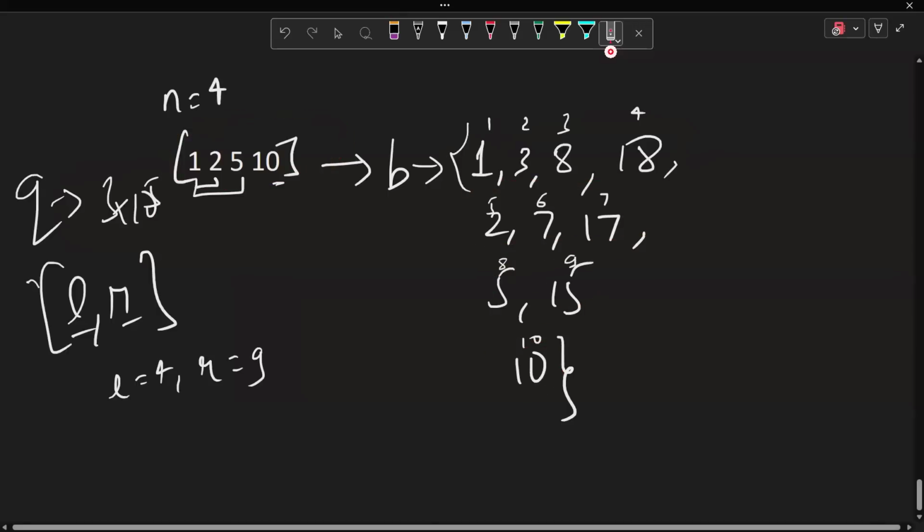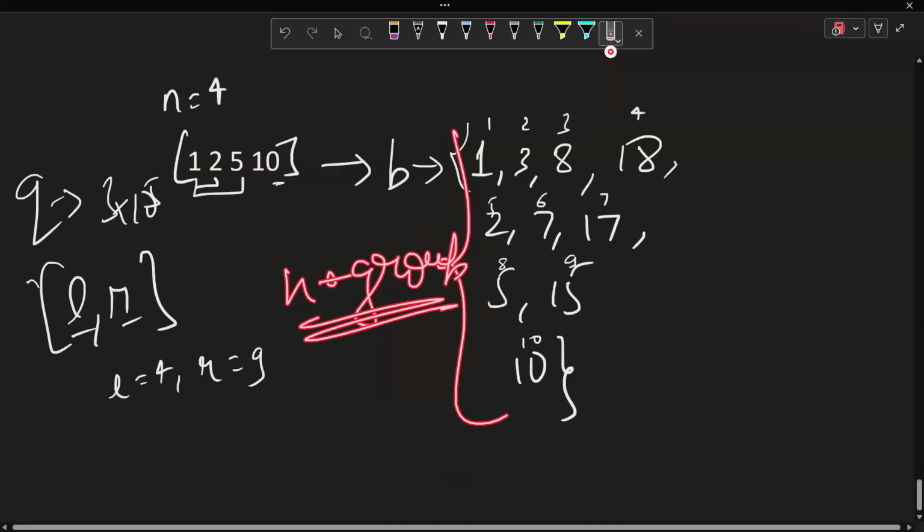So for any array of size n, there would be n groups: prefix sum starting with index 1, starting with 2, starting with 3, starting with 4, and likewise, prefix sum starting with index n. So I can divide this array B into n groups. That's the first thing.